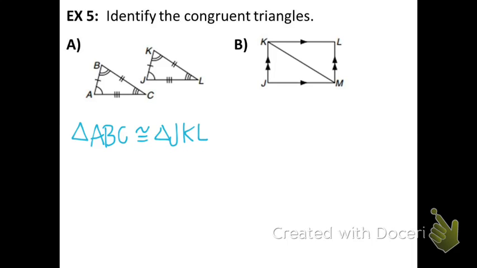On this other one, I needed to have these markings on here, and I just didn't. Sorry about that. But these other symbols mean that they're parallel, and from parallel lines cut by a transversal we get angles such as those that are congruent. So we know that those alternate interior angles are congruent.